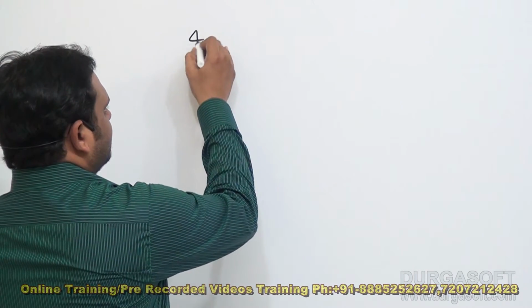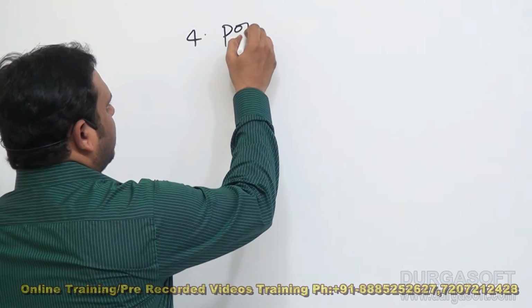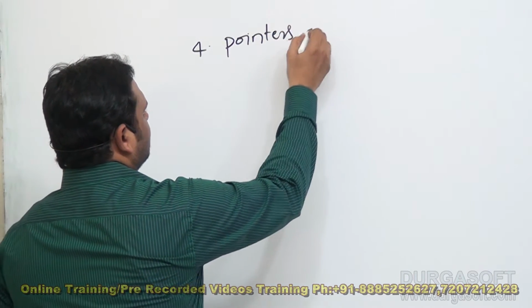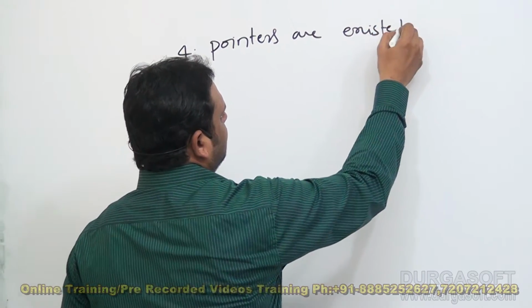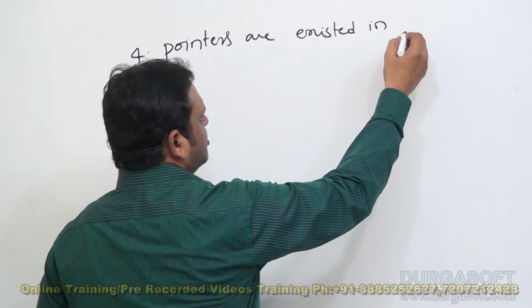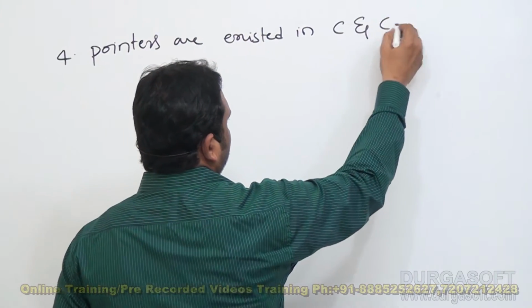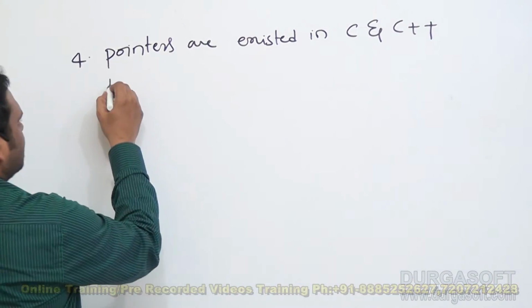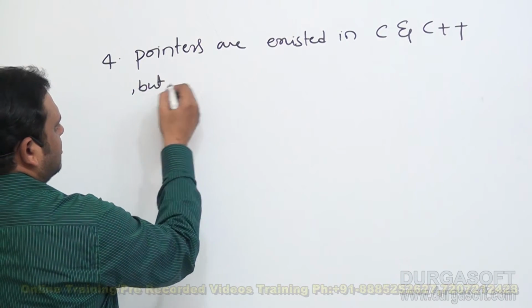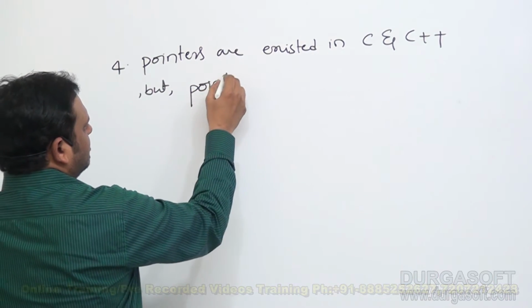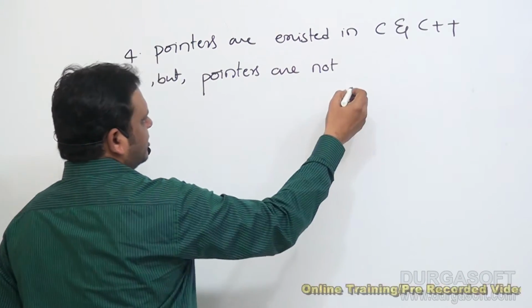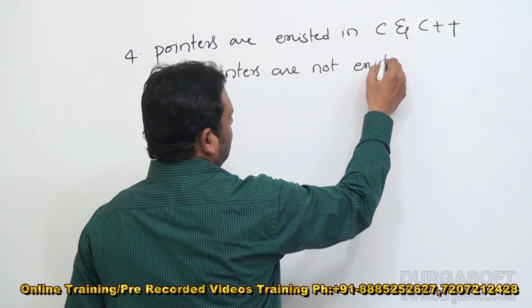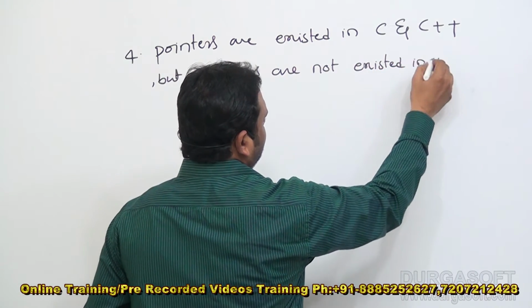The title of this 4th difference is: pointers exist in C and C++, but pointers do not exist in Java.